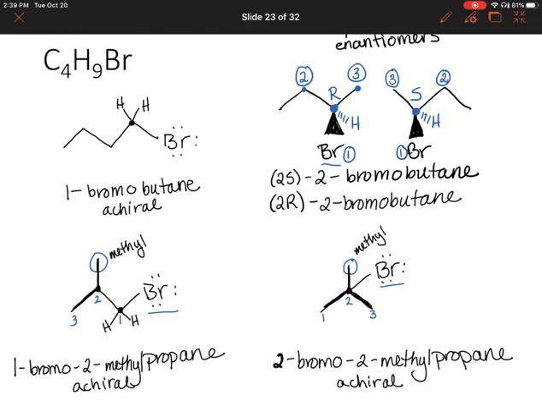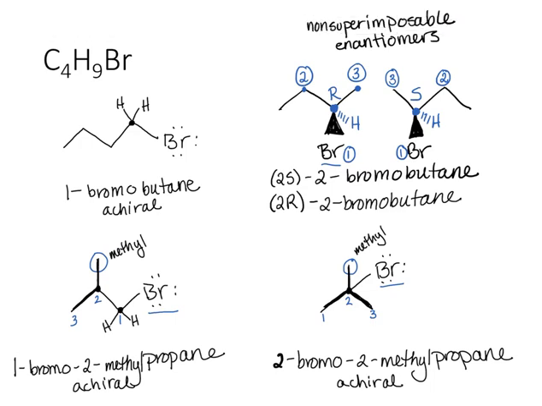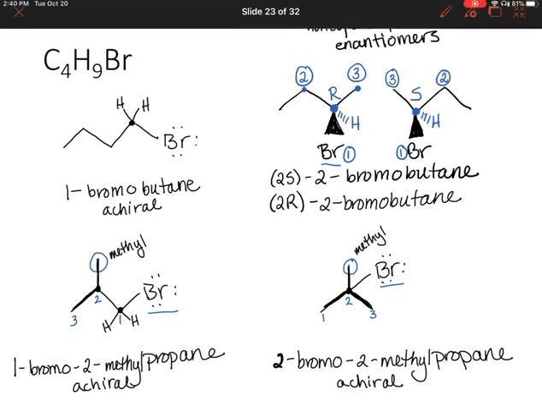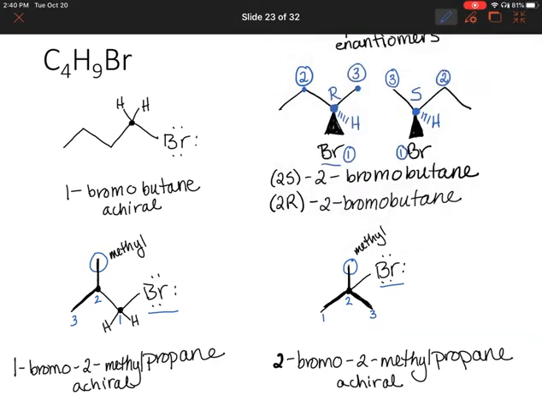All right, so now let's figure out the relationships between all of these compounds. So we said that the 2S and 2R bromobutane, those are enantiomers. But how do those relate to 1-bromobutane? So those would be constitutional isomers.